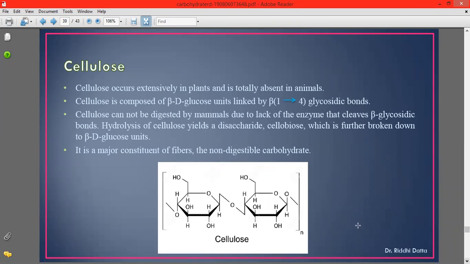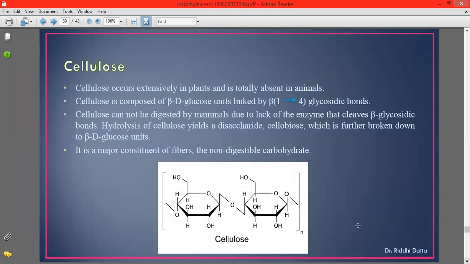Okay. The next sugar is the cellulose. So cellulose that occurs extensively in the plants and animals, okay, and that is composed of what, beta D-glucose units that are linked by beta 1,4 glycosidic bond.